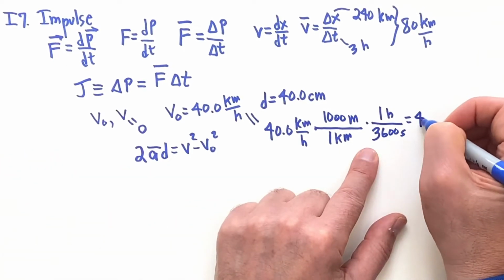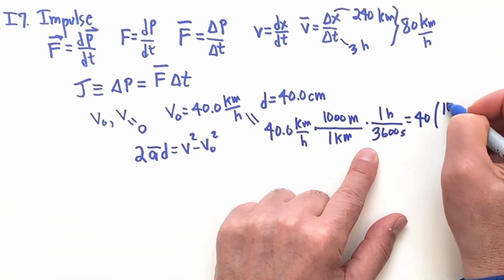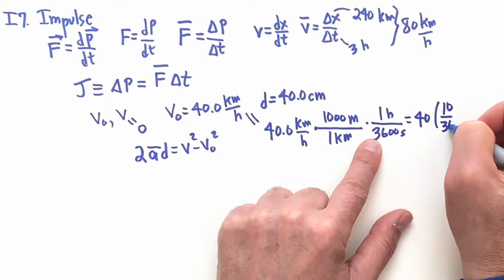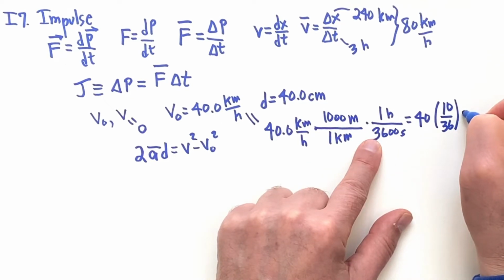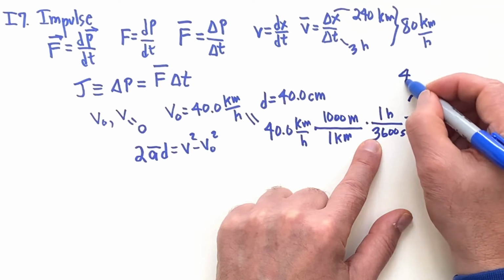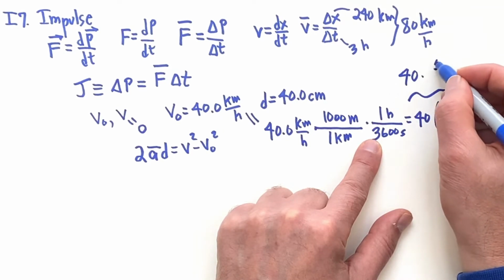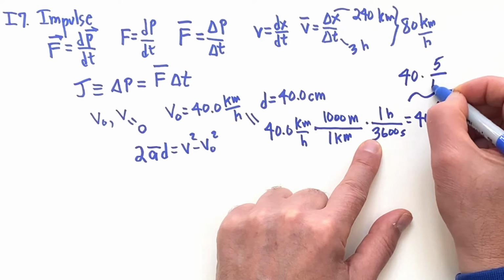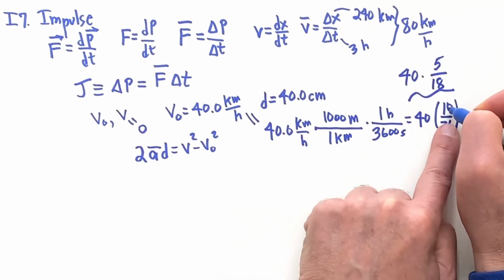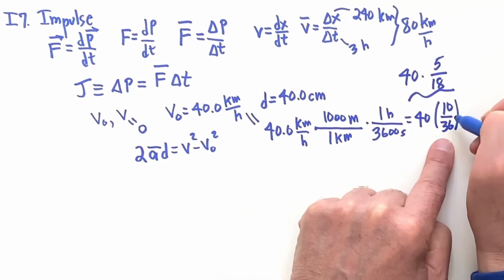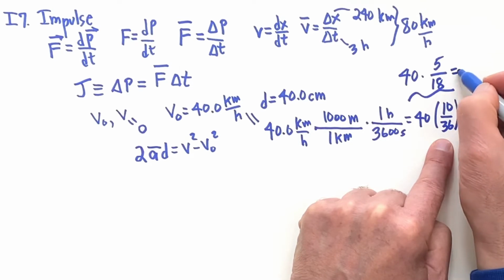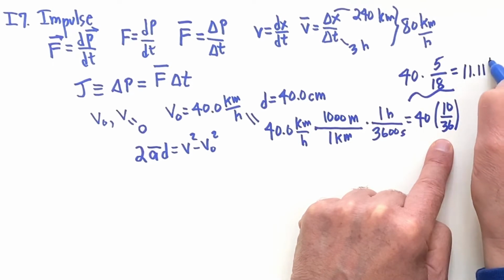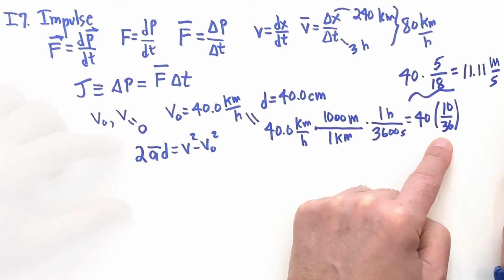So this is 40 times 10 over 36. And that's 40 times 5 over 18. You divide by 2, you get 5, here you get 18. And this is going to be 11.11 meters per second.